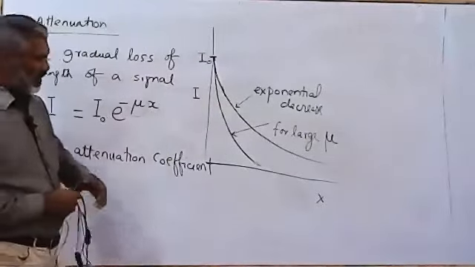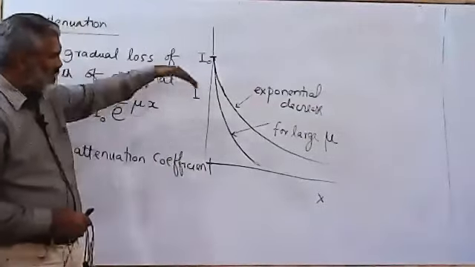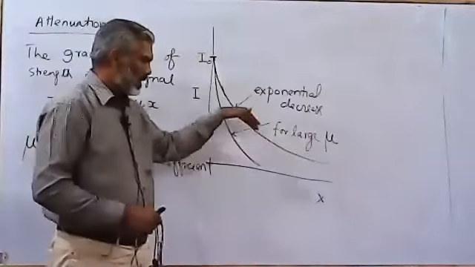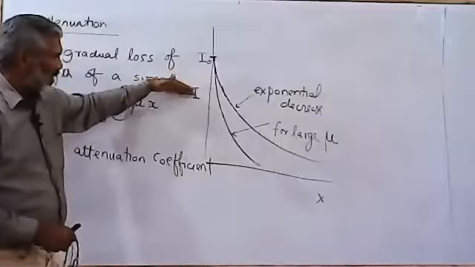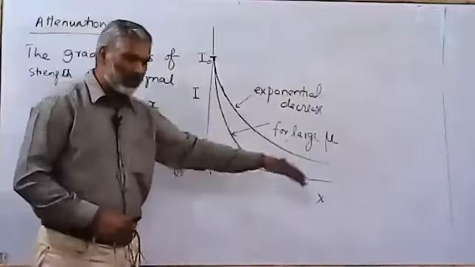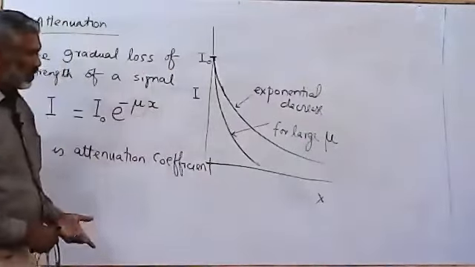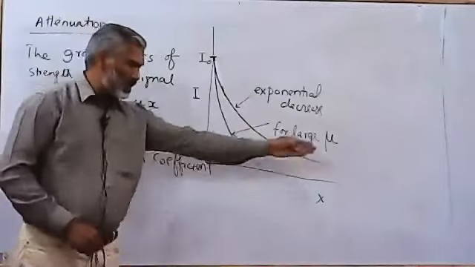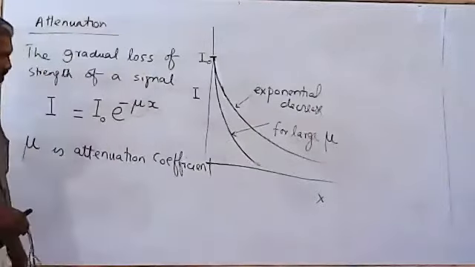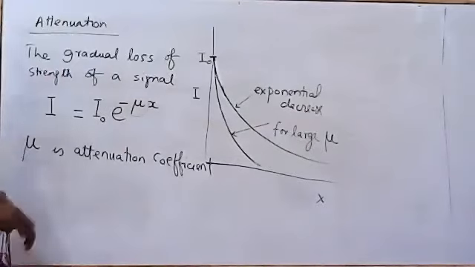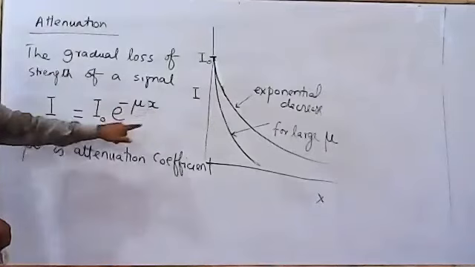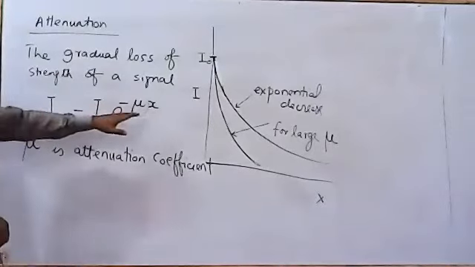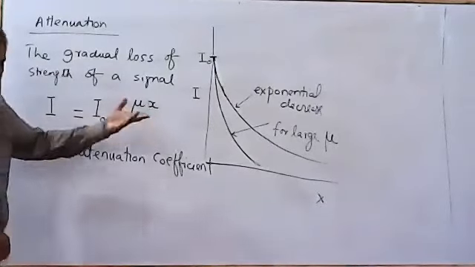Of course, when we have a small value of mu, there will be a gradual loss, and it will take a very long distance before this practically becomes zero, although theoretically it's a very long distance over which we have some value of it, because exponential means x needs to be very, very large to make it zero. So mathematically, that means it should be infinity.